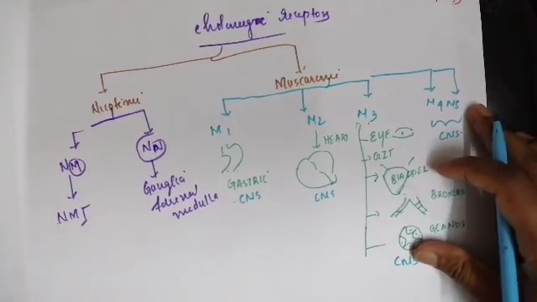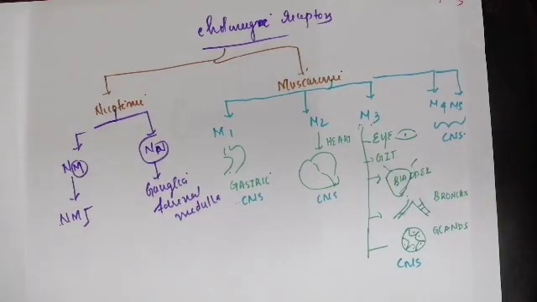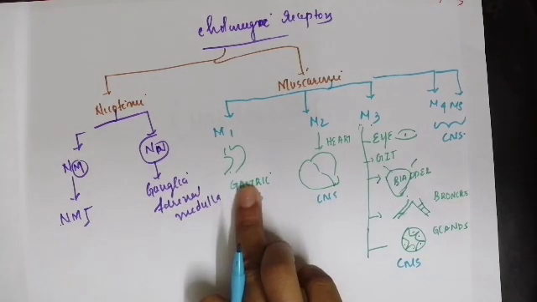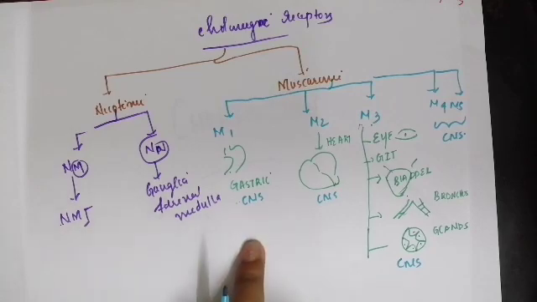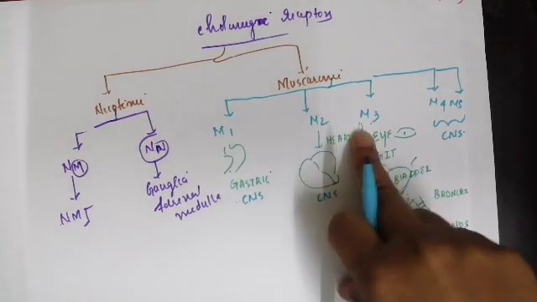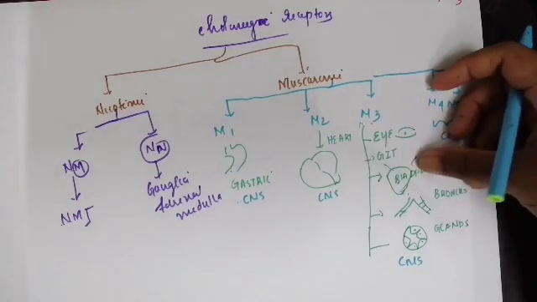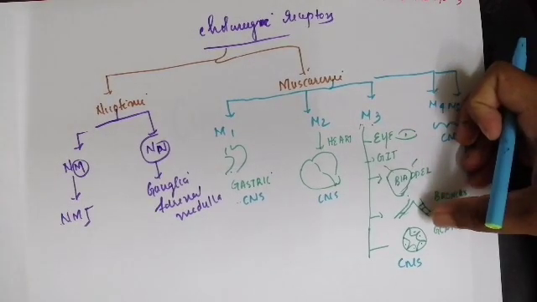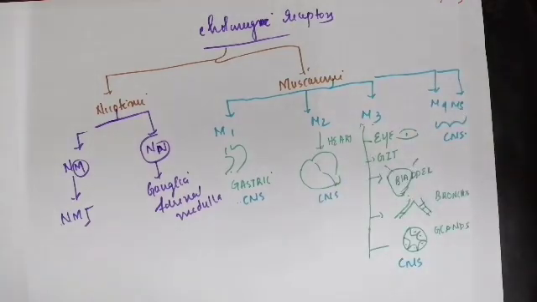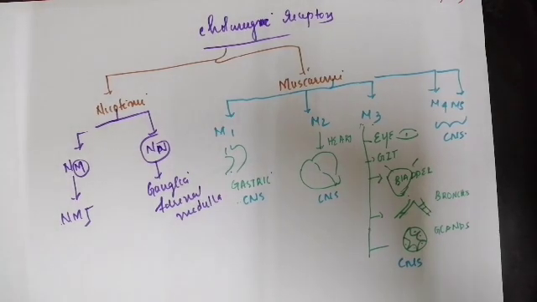Now we will see the effect of acetylcholine in all these systems. M1 is present in gastric, especially gastric glands. M2 is present in the heart. M3 is present in the eye, gastrointestinal tract, bladder, bronchus, glands and CNS, and M4 and M5 in the CNS. We will discuss the action of each of these receptors.